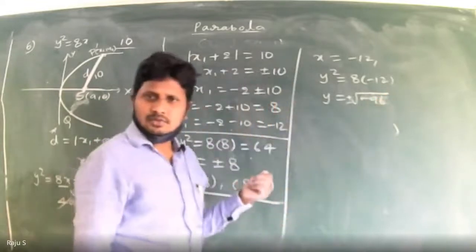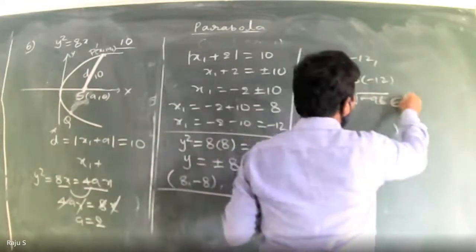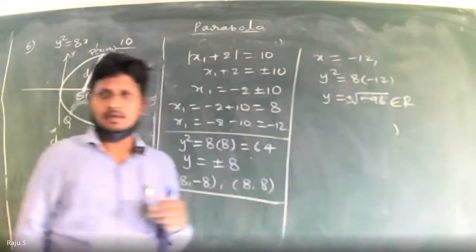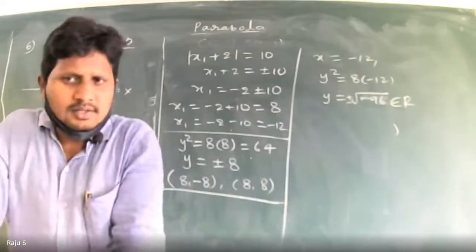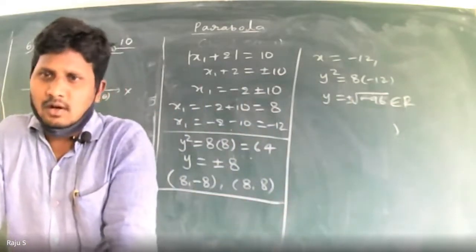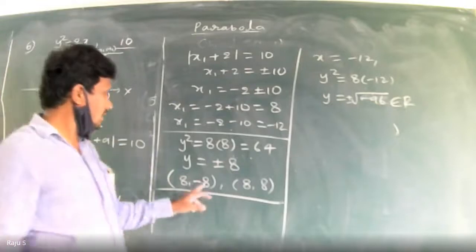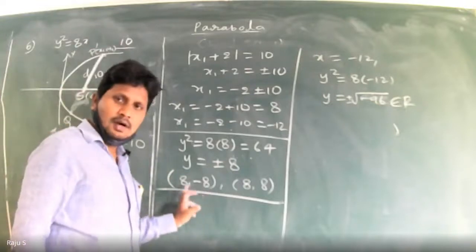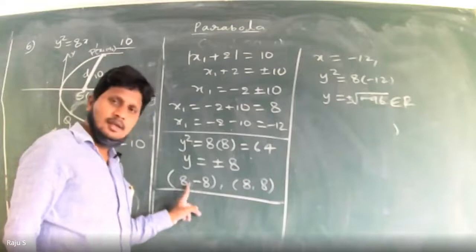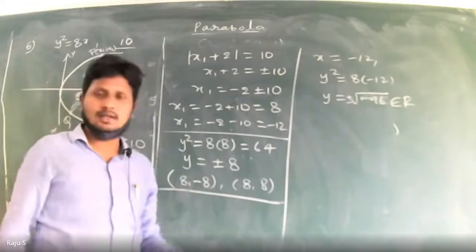Does it belong to a real number? It is not a real number, so that is not possible. So the coordinates on the parabola are either 8 comma minus 8 or 8 comma 8.